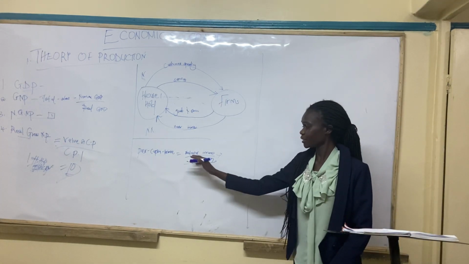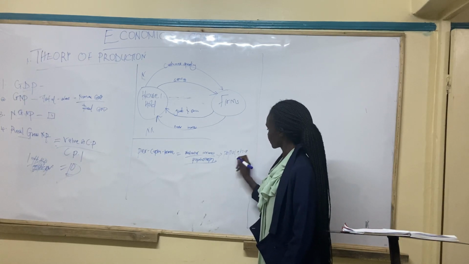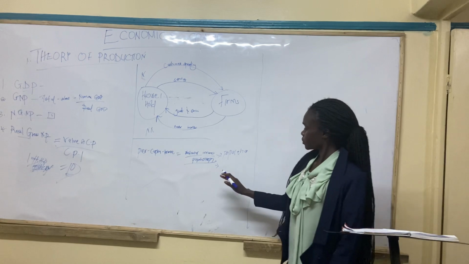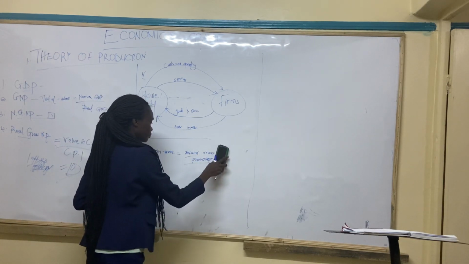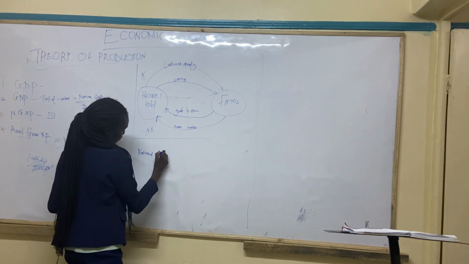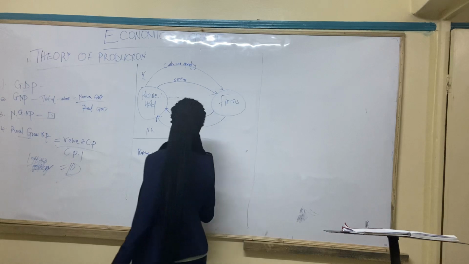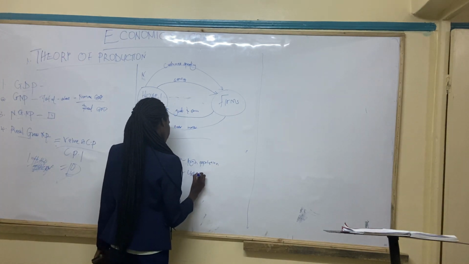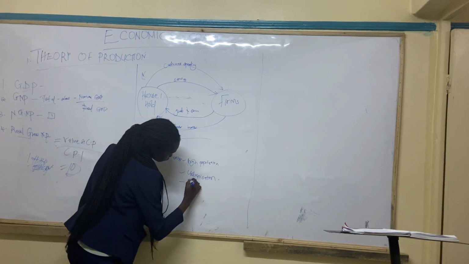The factors which determine the increase of national income include a high population, urbanization, and also technology.